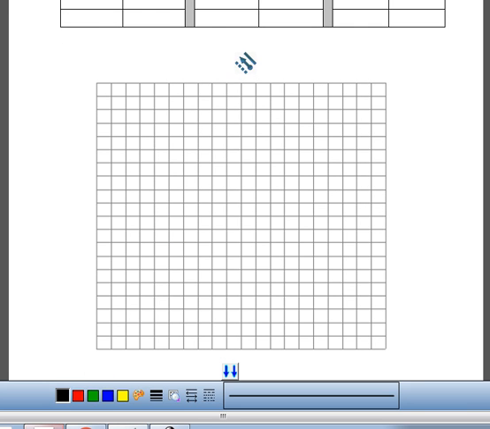The y-axis can be exactly in the middle if you want, or a little bit to the left or a little bit to the right. But the x-axis, you don't want it to be exactly in the middle.